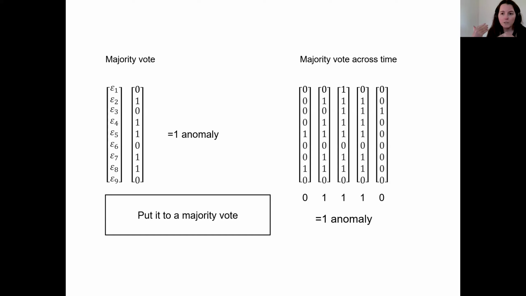So not only are we going to implement a majority vote across our 9 models, we can implement a majority vote in time as well. So what we also want to see, across here's 5 different time steps, 3 out of the 5. If that 3 out of the 5 show majority anomaly decision identification, then it is an anomaly.